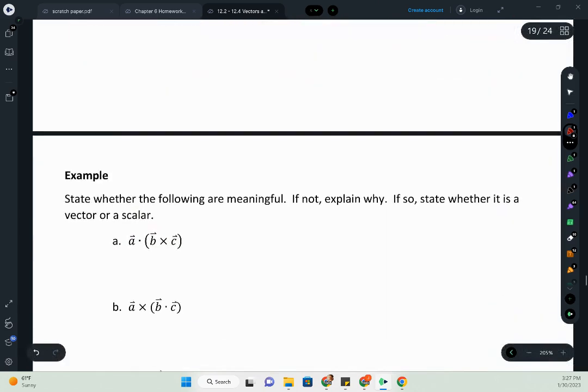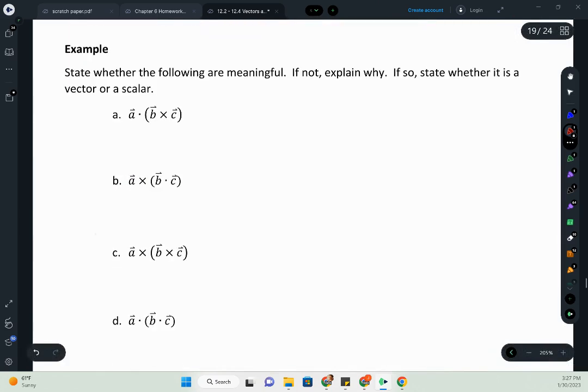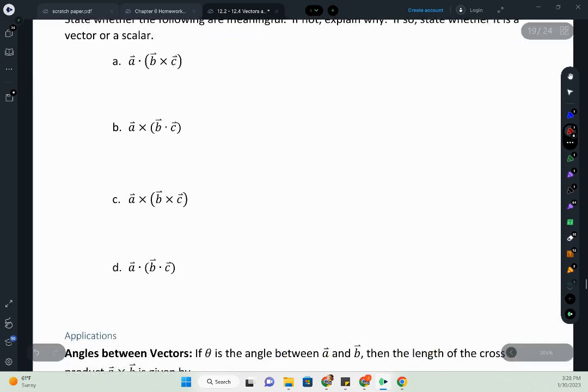All right, moving on. In these following examples, the idea here is to look at the expression and determine if it is something that is possible to do. If it's possible to do, then it's meaningful, and we're supposed to state whether we would get a scalar or a vector answer. So I'm looking at A, and I have A dot and then B cross C. Now going inside the parentheses, B cross C is a vector, right?